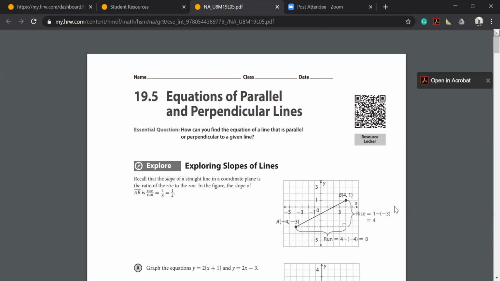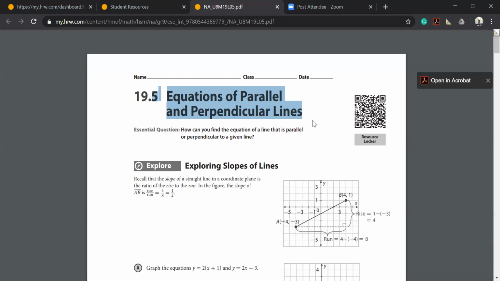Okay, lesson 19.5 is like a break for you from geometry a little bit. Beginning from module 16, we have been dealing heavily with geometry. Module 16, 17, 18, and now 19. Lesson 19.5 is about equations of parallel and perpendicular lines.